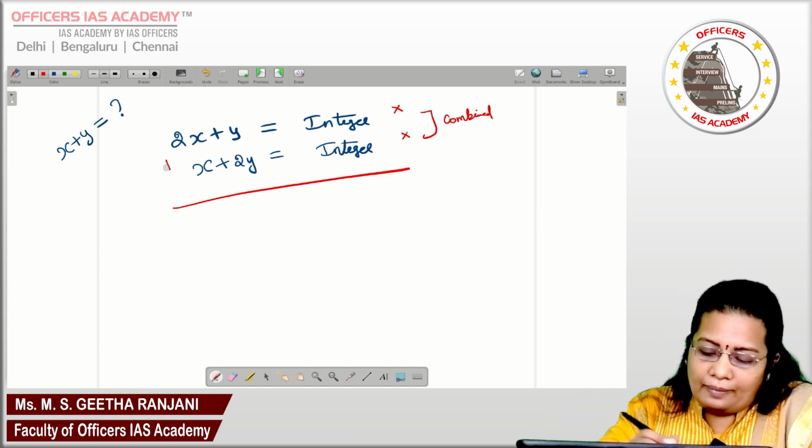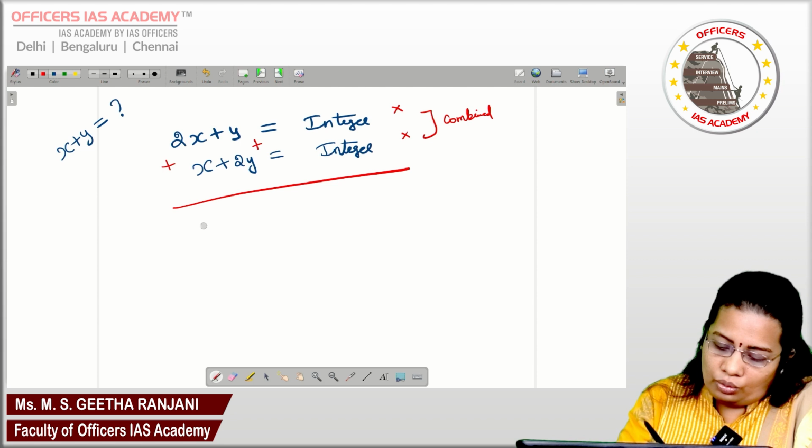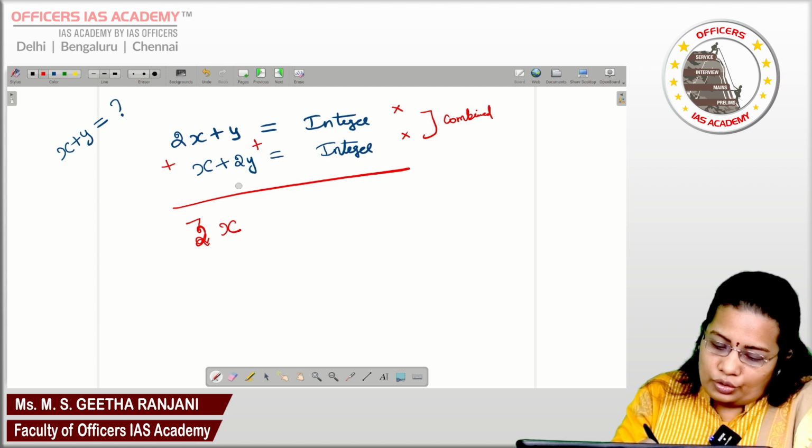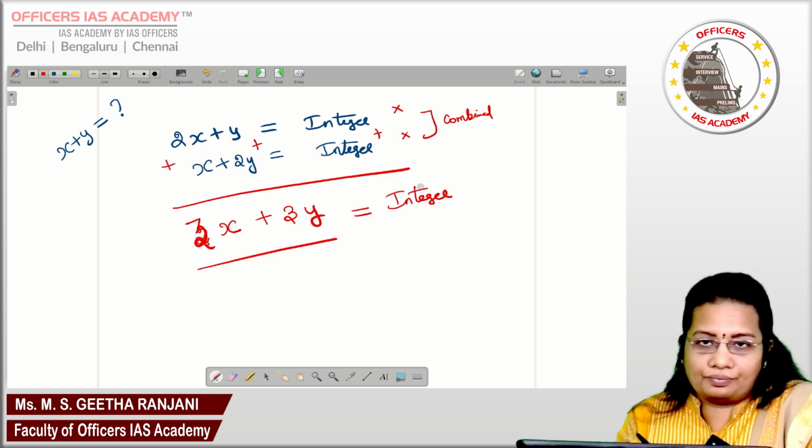You are going to check the combination of both statements. Adding both together, 2x plus x is 3x, and 2y plus y is 3y. So 3x plus 3y. Here integer plus integer means it is also going to be an integer value. Am I right?